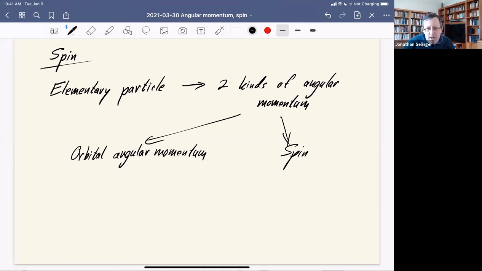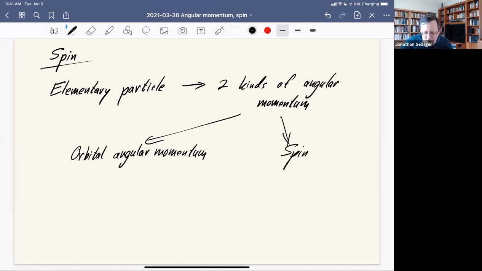For example, if the Earth goes around the sun, the Earth has some orbital angular momentum moving around the sun, and the Earth also spins on its axis. It does both of those things, and so those are two kinds of angular momentum which add up.